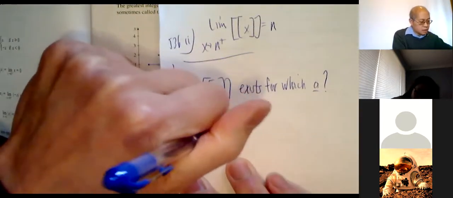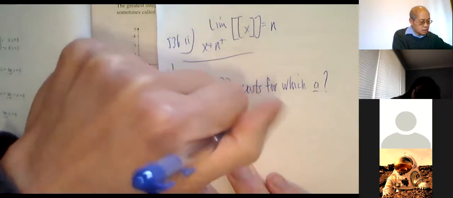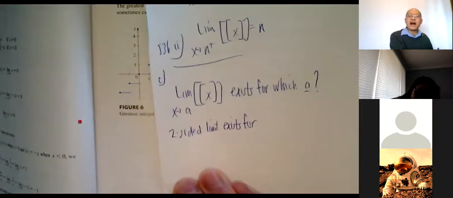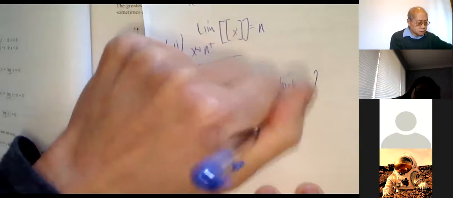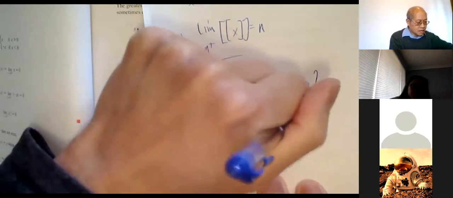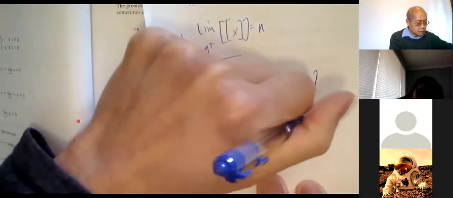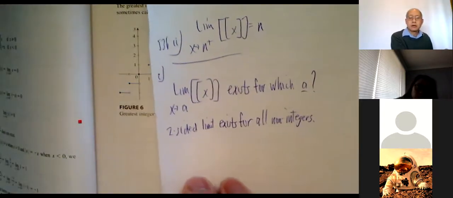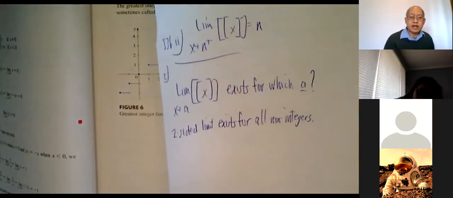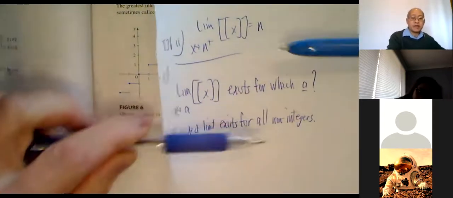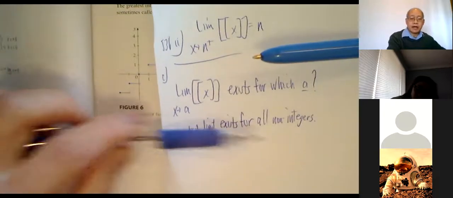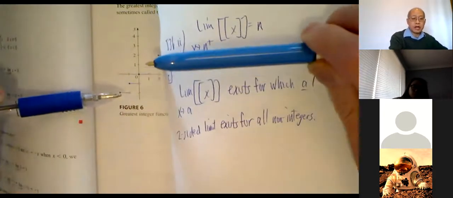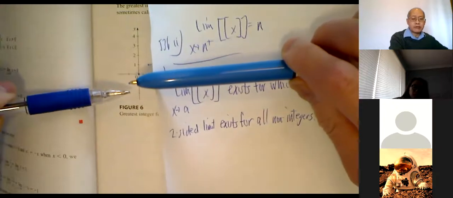Two-sided limit exists for all non-integers, because for the integers, the limit from the left and the limit from the right weren't going to be the same, right? In fact, it's exactly the picture that I have here. You can see over here, if I come from the left, it's lower than coming from the right.